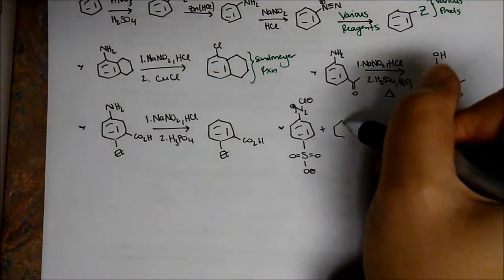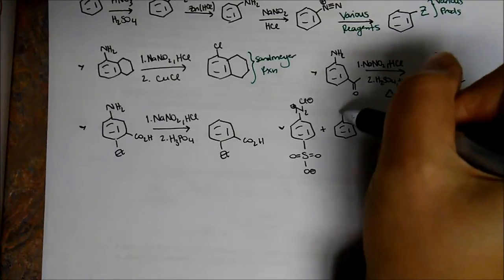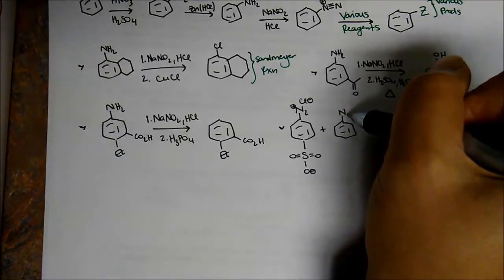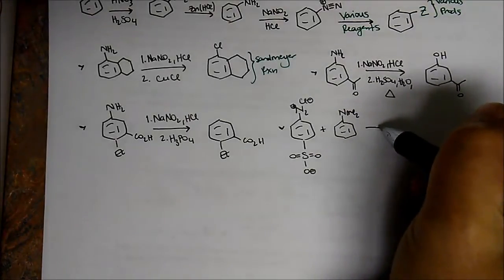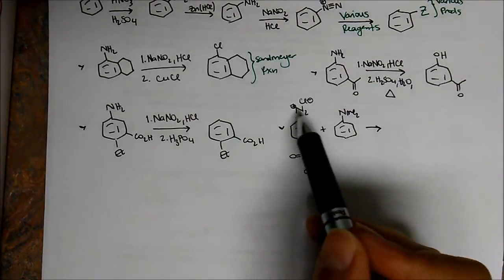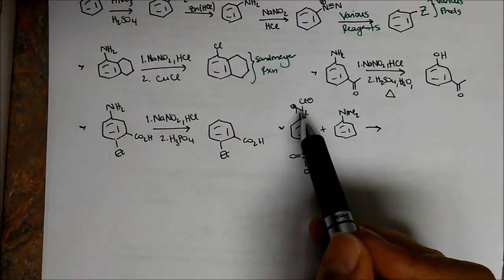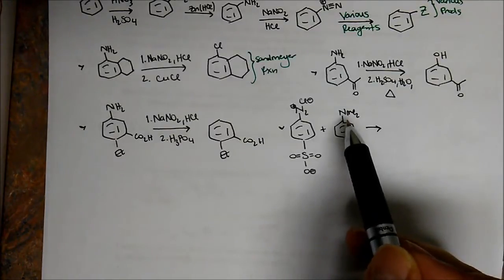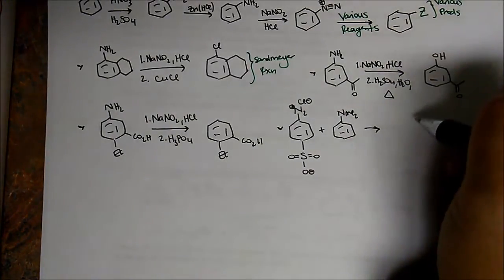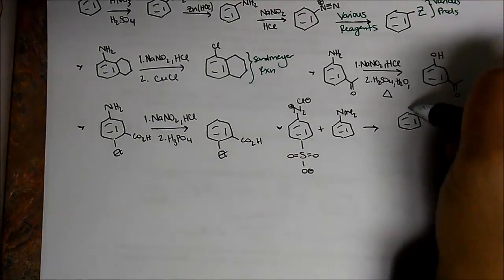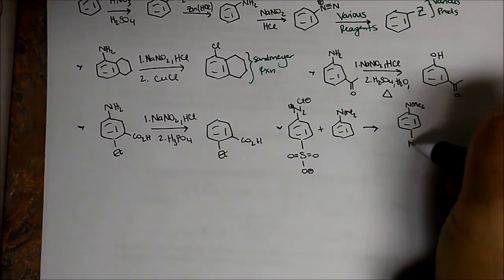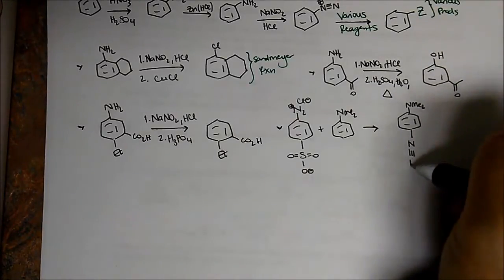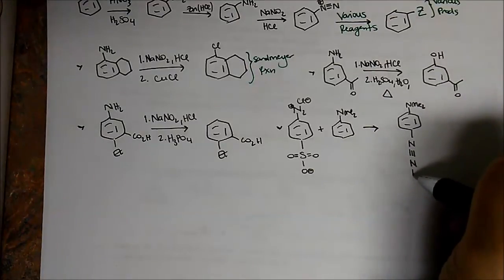And then I have this other aromatic group, NMe2. These two are just going to couple through the diazonium, and this one is an ortho-para director, and so it makes this molecule. And Me2 at the para position because the orthos are a little bit more hindered.